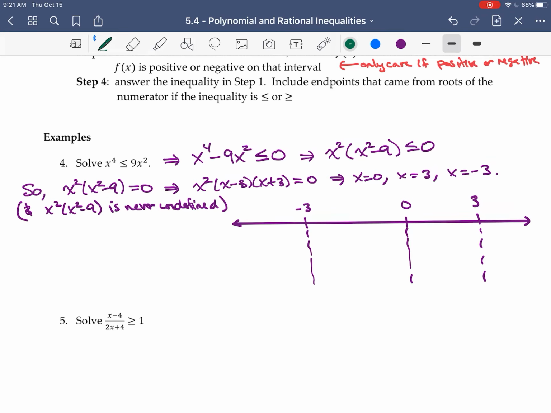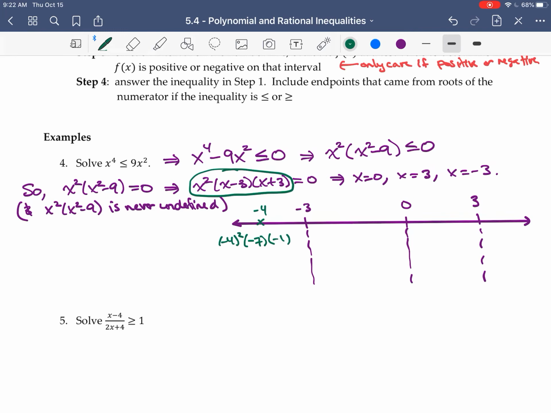So maybe I test negative 4. Okay, so I'm going to plug into here, although you could plug in anywhere. Okay, so that's negative 4 squared. Negative 4 minus 3 is negative 7, and negative 4 plus 3 is negative 1.